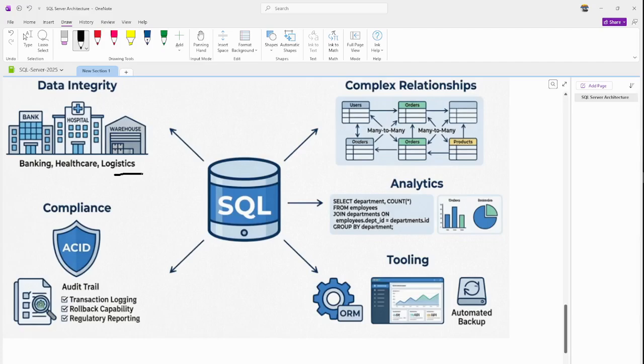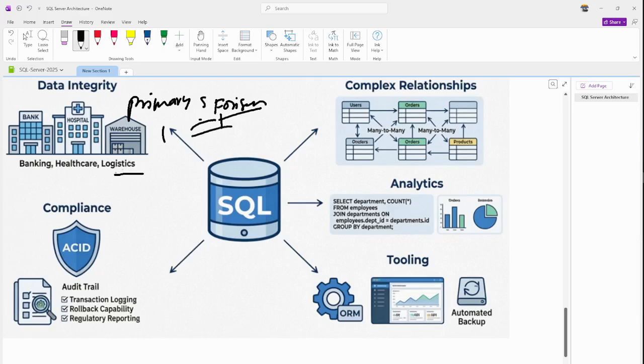It is designed to prevent data corruption. They will be using primary key and foreign key, to ensure that the data remains accurate and consistent across all the system.